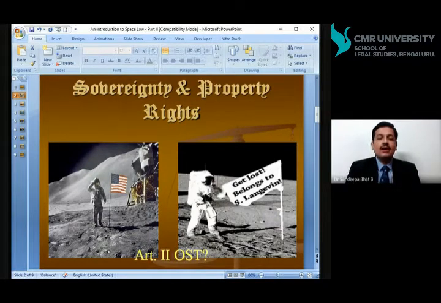Both the USSR and the United States rejected such a possibility. The USSR, on the one hand, declared that it was not going to claim any kind of sovereignty. On the other hand, the United States passed a separate legislation, the law on the implantation of the US flag. It made very clear in this legislation that this implantation was just a symbolic gesture of their national pride and nothing more than that.